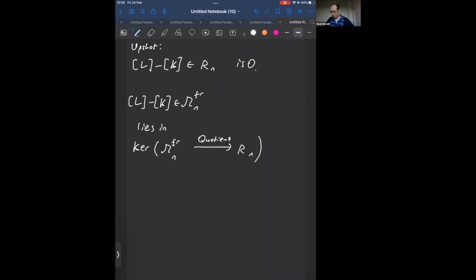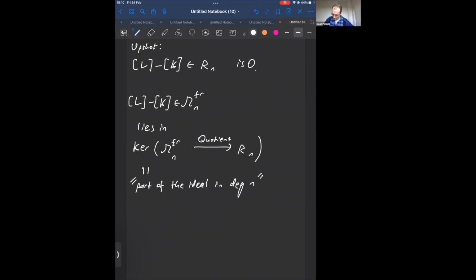Okay. But this was quotienting by an ideal. So morally at least, what we kill, this kernel, is the part of the ideal that lives in degree n.